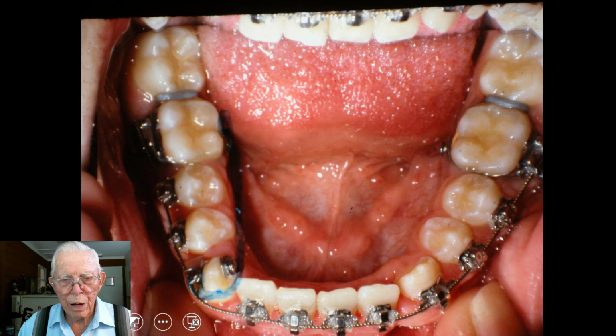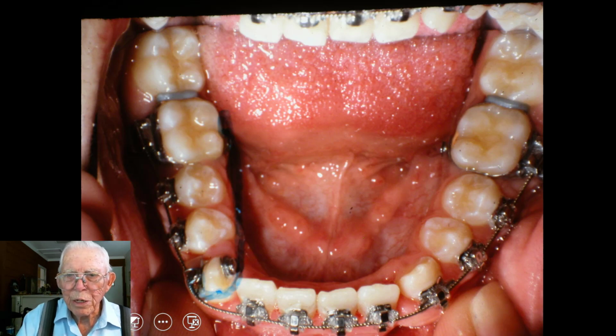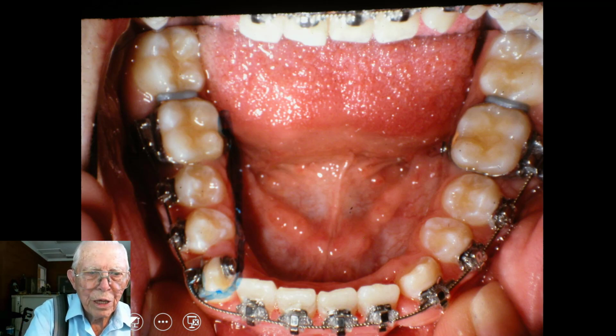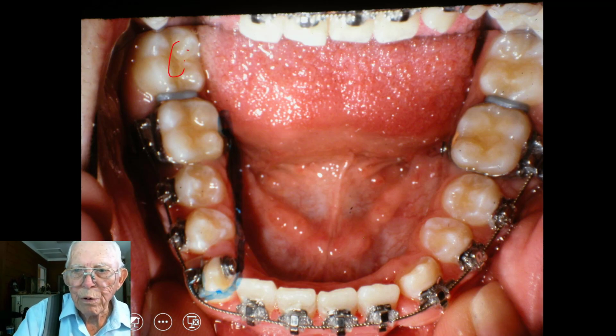Now look at the bottom arch. This has a little deformity. Taking this picture, this is not caved in that far, but we're making room for the 12-year molars, so we've got separators in here, and we're rotating this tooth, which isn't the best way in the world, but this is elastic chain.